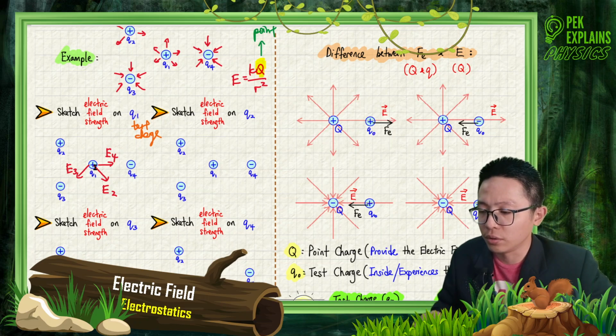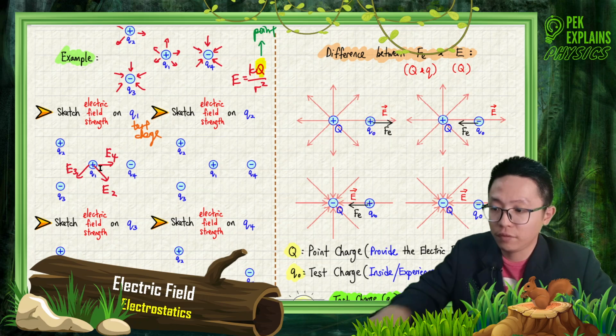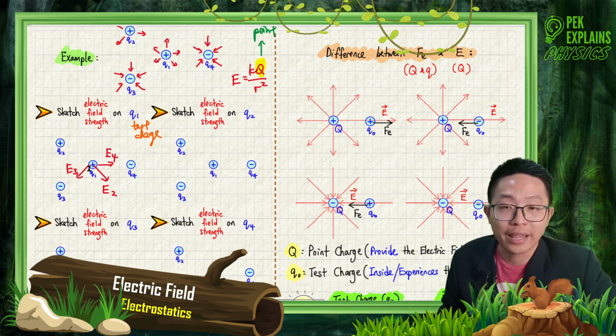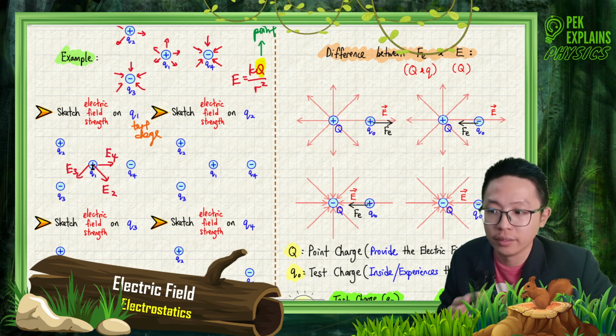Even if Q1 is not existing, if there is no Q1 here, E2, E3, E4 still exist. You still can find the electric field at the position of Q1.